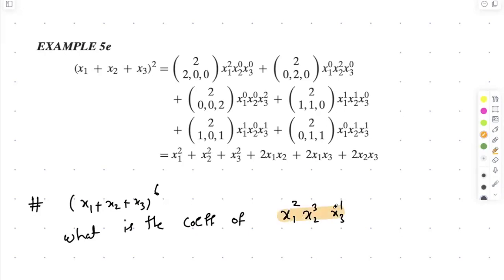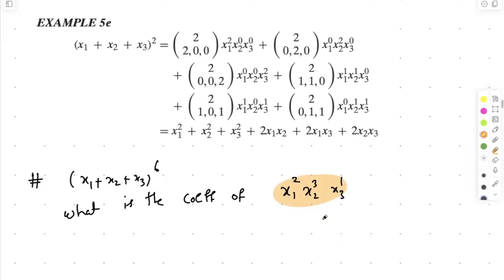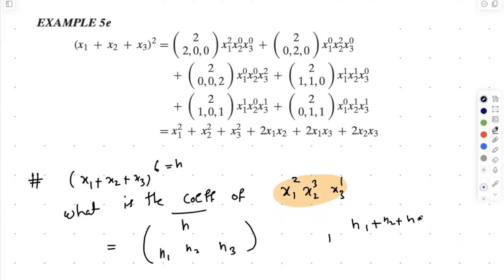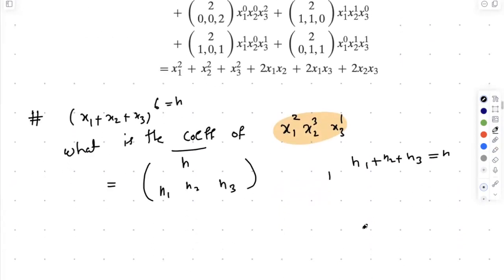If you expand using the multinomial, what may be the coefficient of this term? Whenever I ask you about the coefficient, you have to make use of the multinomial, which says that this is your n. Your n is divided into three parts: n1, the exponent of x1; n2, the exponent of x2; and n3, the exponent of x3. And the condition here is that n1 plus n2 plus n3 should be equal to n.